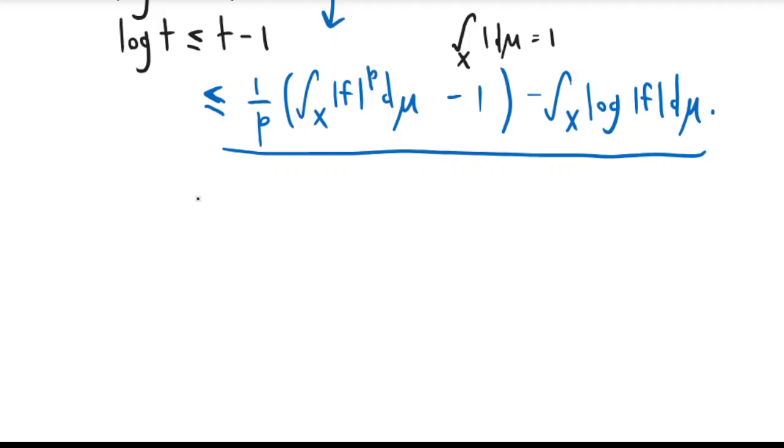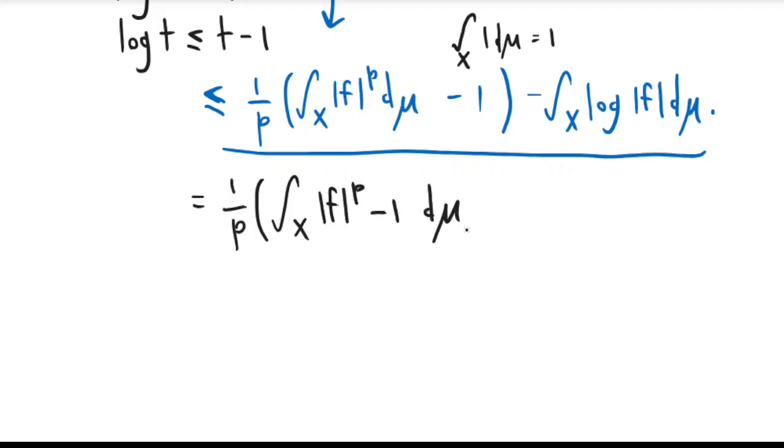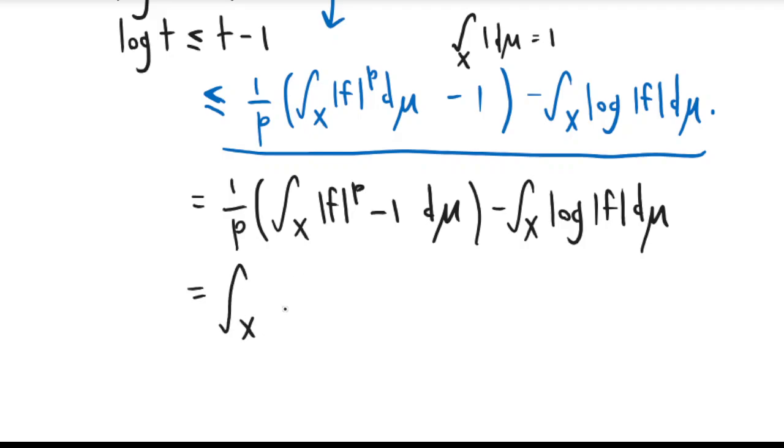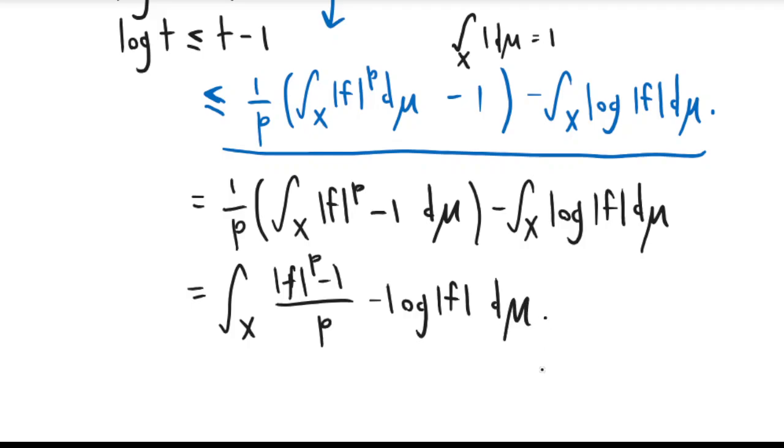So another way to write this expression is 1 over p integral of absolute f to the p minus 1, all of that d mu, minus integral log absolute f d mu. And then we can combine our integrals. This is the integral of absolute f to the p minus 1 over p minus log absolute f d mu. Okay?